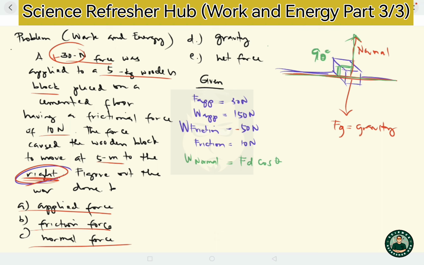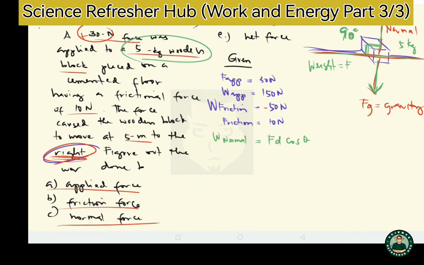We have the force. If you look at it, we have the mass. This time we can use the variable of mass. The mass of this block is 5 kilograms. And remember, this gravity here, that's the weight of the block, and it's equivalent to force. Remember, the formula of weight is just mass times gravity, and that's going to be the force.